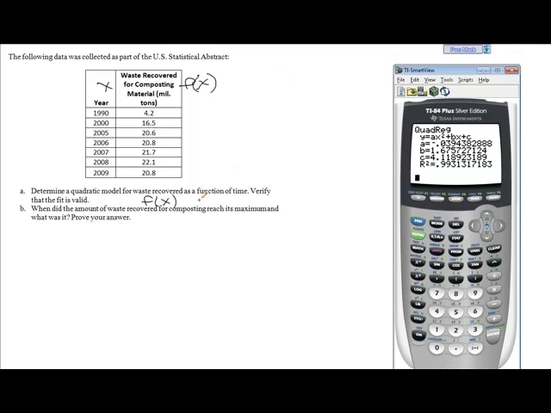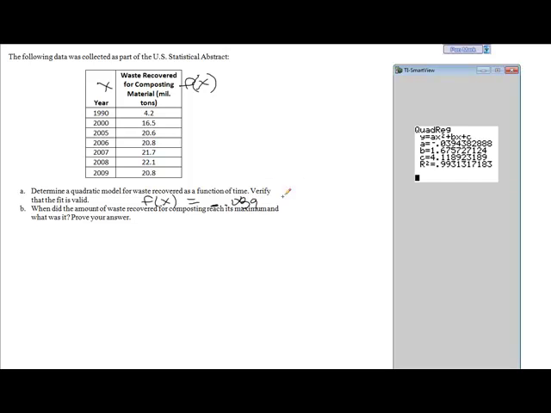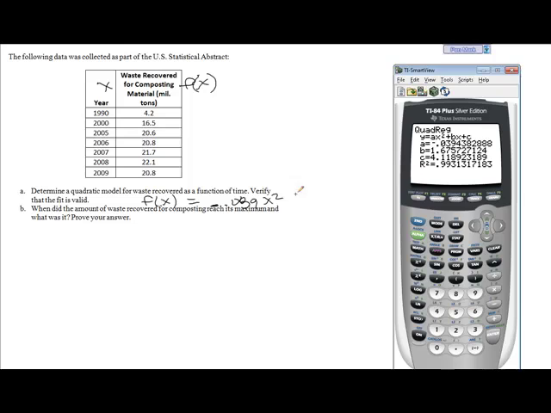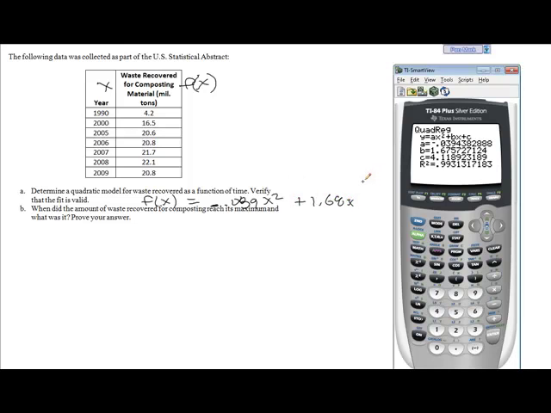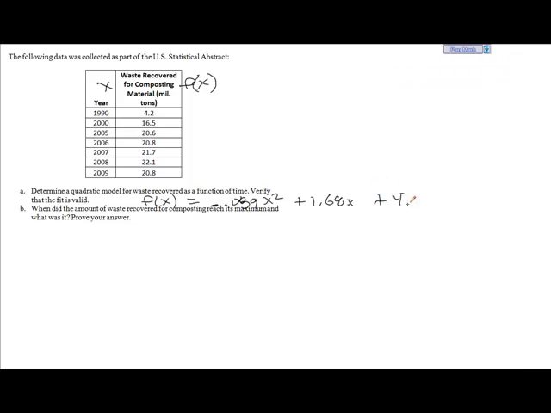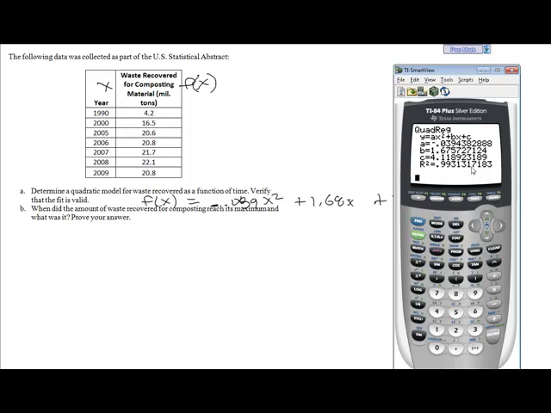So f of x is negative 0.039x squared plus 1.68x plus 4.12. Now we see fairly quickly that the fit appears to be mathematically very good at 99.3%.